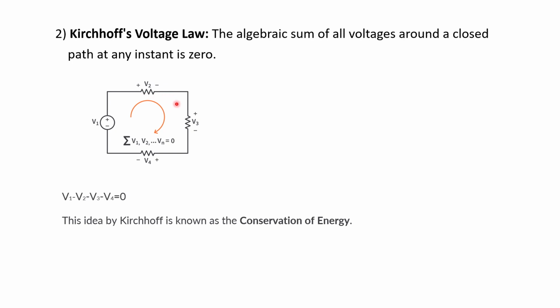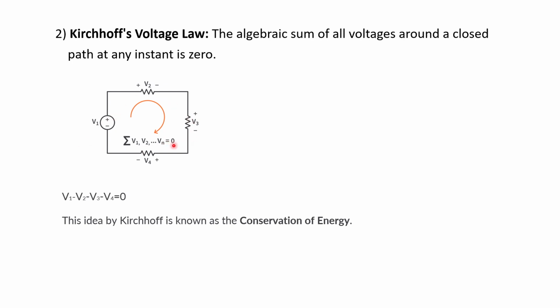You can connect any n number of elements having voltage V1, V2, V3 to Vn. So basically the algebraic sum of all these voltages is equal to 0. That is given by Kirchhoff's voltage law. That means the summation of voltage is equal to 0.